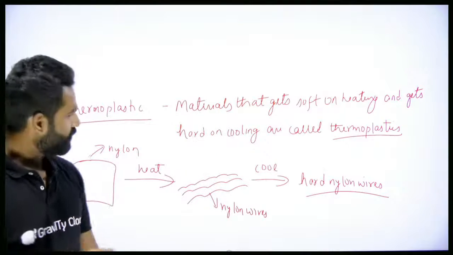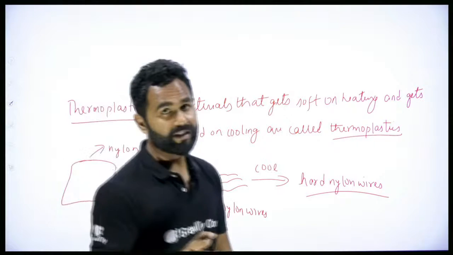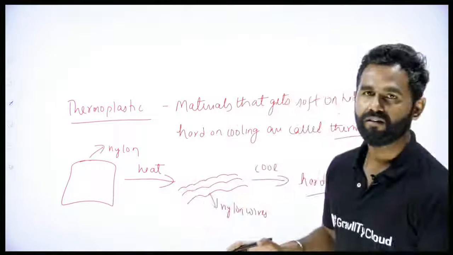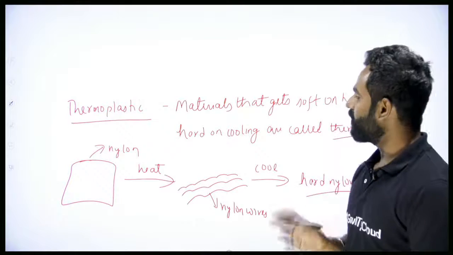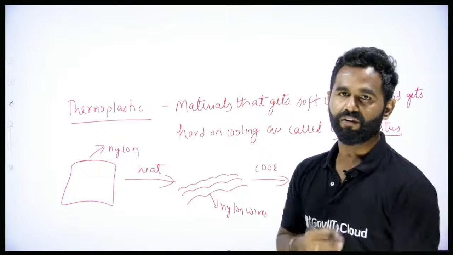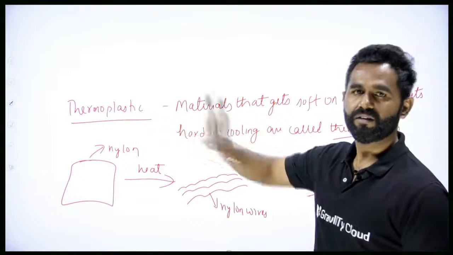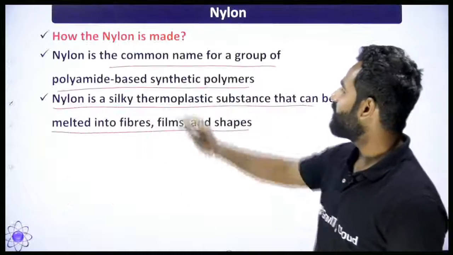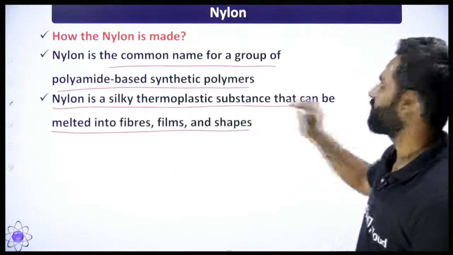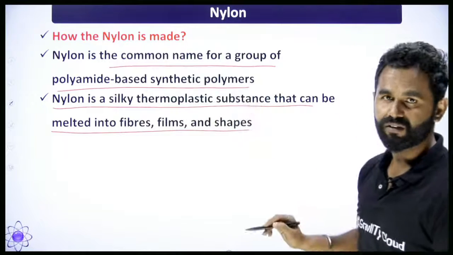Simple. This property is very important to convert nylon material into different objects. Basically, nylon is a silky thermoplastic substance that can be melted into fibers, films and shapes.